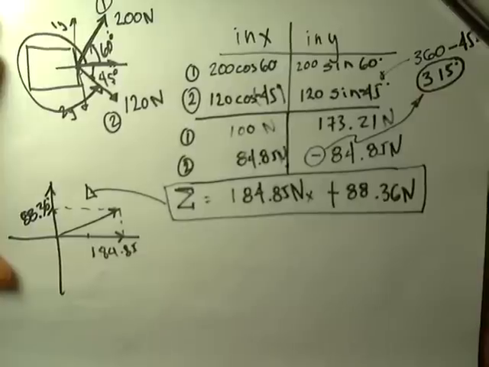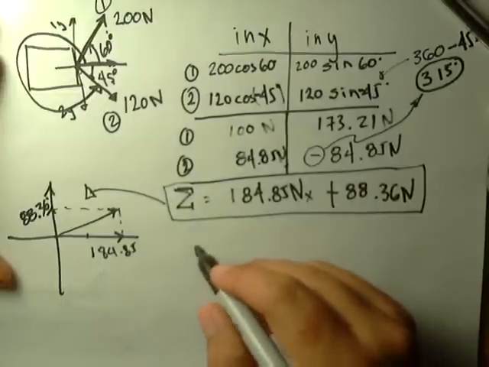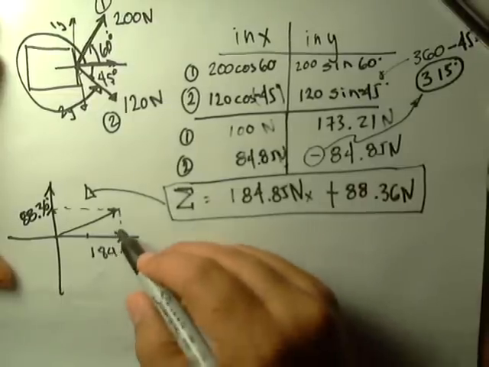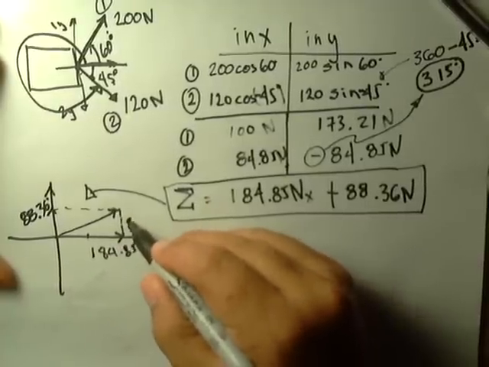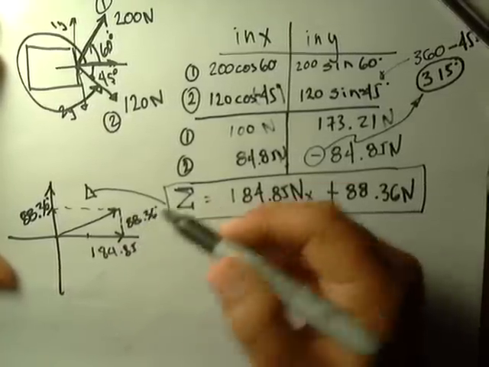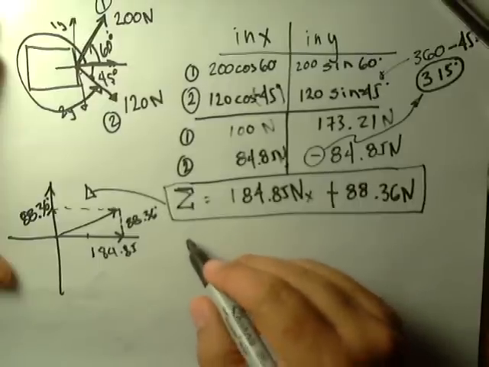Now what would be the resultant force? Very simple. We just do Pythagoras, because we have this side and this side, 88.36, so we have both sides, right? And if we have both sides, we can do Pythagoras.